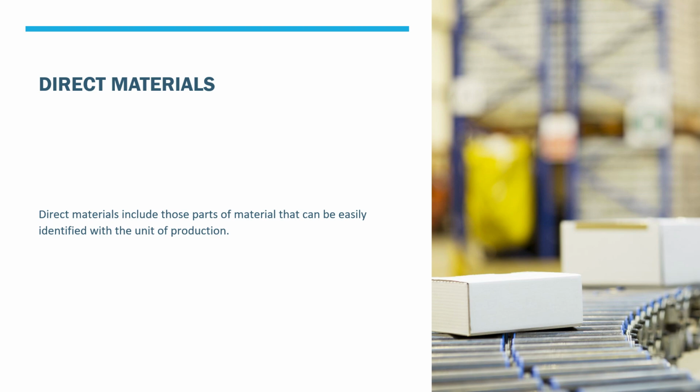For example, in the case of a wooden chair, the cost of wood used in the production process will be classified as direct materials cost because it can be measured and quantified how much wood will be used to manufacture one piece of chair.